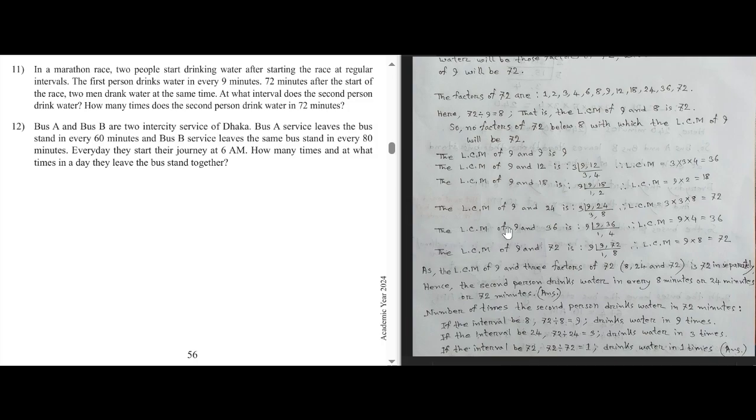Now we see the LCM of 9 and 36 is 36. The LCM of 9 and 72 is 72. So we have found three numbers: 8, 24 and 72.